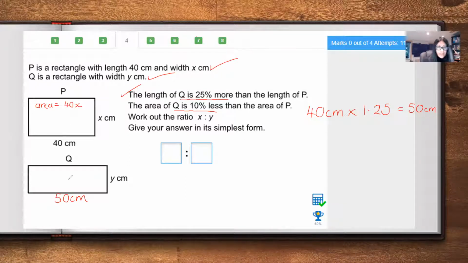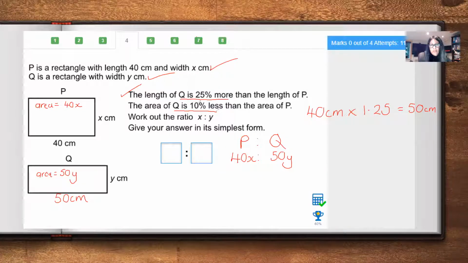And then Q, the area, is 50 times y, which is 50y centimetres squared. So let's write that as a ratio, P to Q. The areas are 40x to 50y.